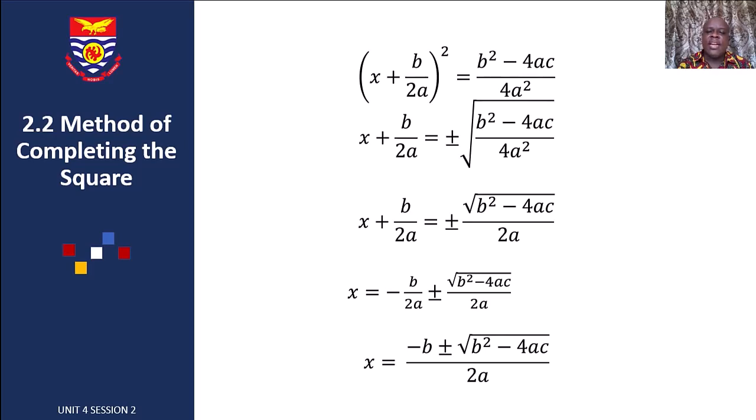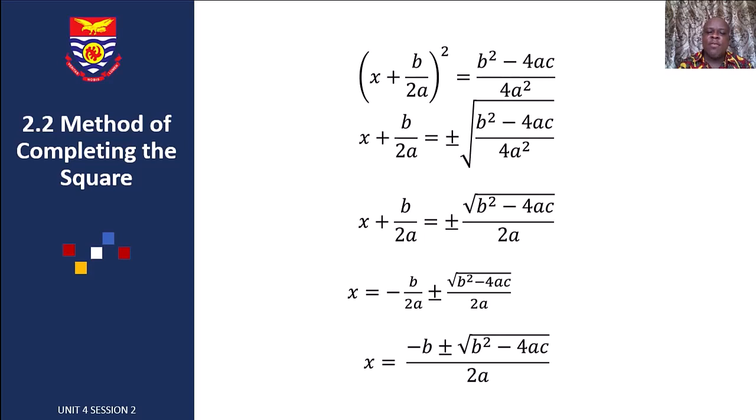Then you move the b over 2a from the left hand side to the right hand side by making x the subject. So x is equal to negative b over 2a plus or minus the square root of b squared minus 4ac all over 2a.